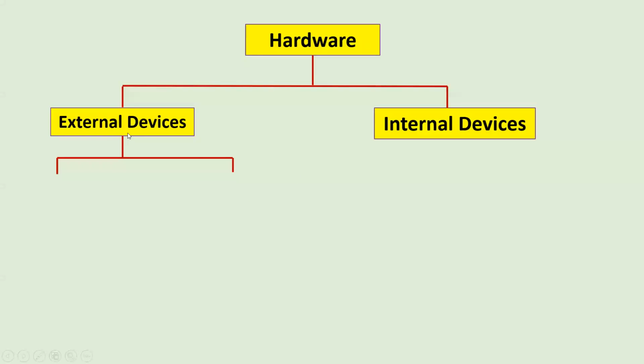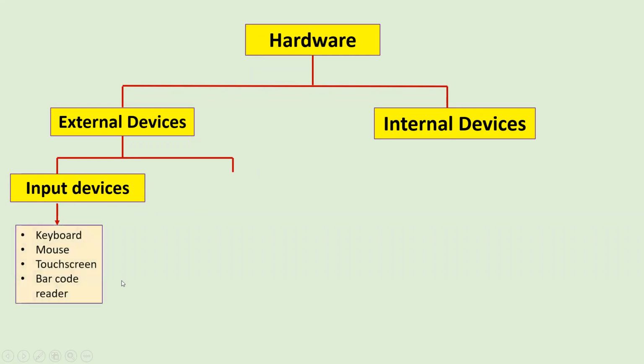Based on that category, we can identify these external devices as input devices or output devices. Right. Before that, see some examples for input devices: keyboard, mouse, touch screen, barcode reader. Normally, we are familiar with these devices. Later again, I am showing some pictures of these devices, right?